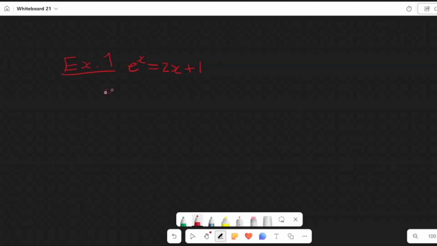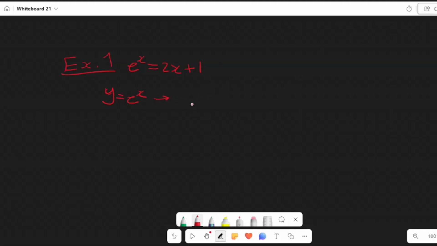So if I let y be equal to e to the power x, for example, and there are definitely more simple ways of doing this, but this is the one that comes to my mind right off the bat. Using this, we can get x.